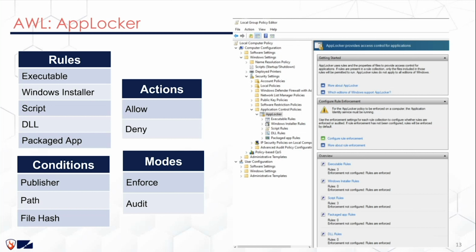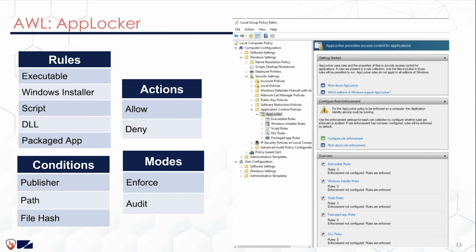So in AppLocker, we have different components that help us create our policies. Before I dive into some of these, just to show you on the right of the screen here, we have our group policy editor. Again, this can also be controlled in the group policy management console for the domain. You can deploy multiple policies across your organization for your different OUs and sites if you prefer.